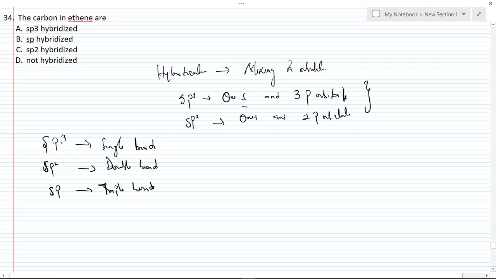So again, hybridization pretty much determines the type of bond that is being formed in a compound.